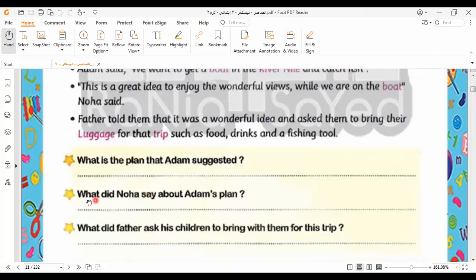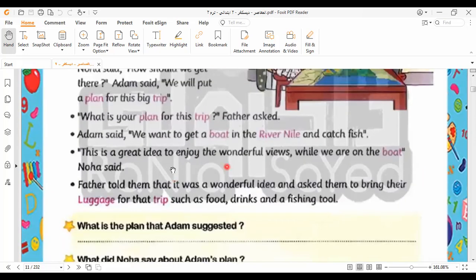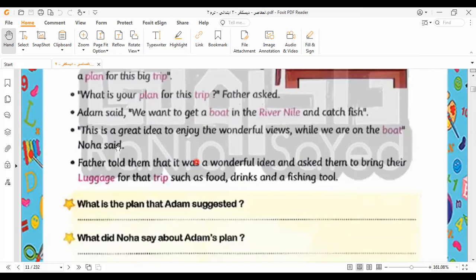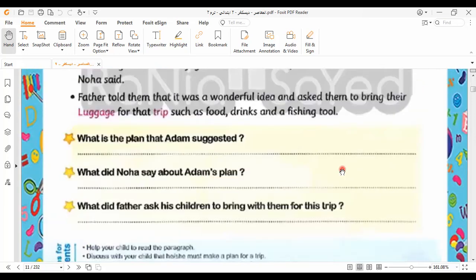Next question: what did Noah say about Adam's plan? Noah said, "This is a great idea to enjoy the wonderful views while we are on the boat." What did father ask his children to bring with them on this trip?